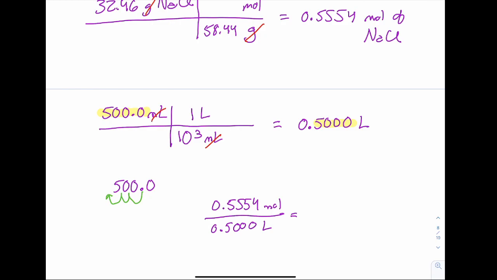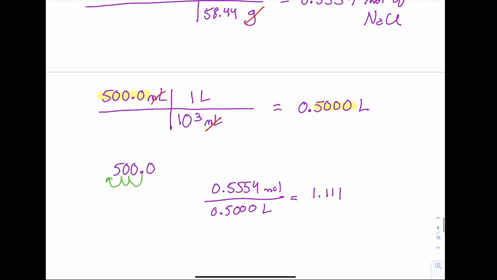And I'm just punching this into my calculator right now. And I got 1.111. It actually comes up in my calculator to be 1.1108. But when I round to 4 significant digits, that 8 is going to round that 0 up to a 1.